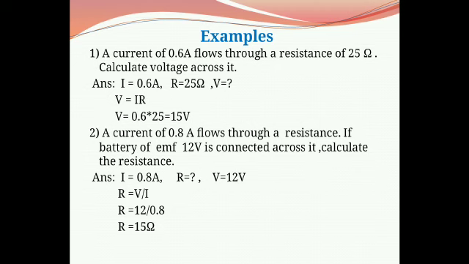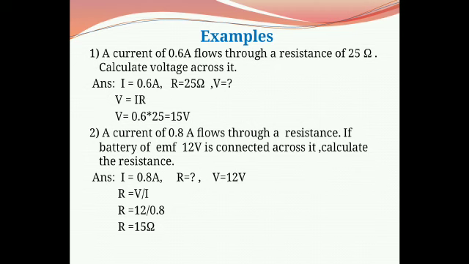Second value is resistance, therefore R equals 25 ohms. We have to calculate the voltage across it, that means find the value of V. Using Ohm's law, the equation is V equals IR. Therefore V equals 0.6 into 25, and the final answer is 15 volts.